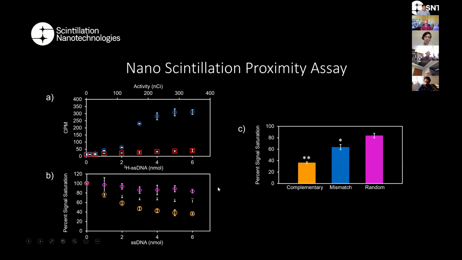And then we could come in later with an unlabeled complementary strand or a mismatched strand that was different from the complementary strand by, I think it was 4 bases, and then a random strand. And we could move the tritiated complementary strand off the particles and watch that happen too in a competitive binding assay.